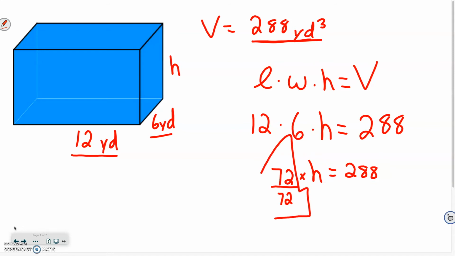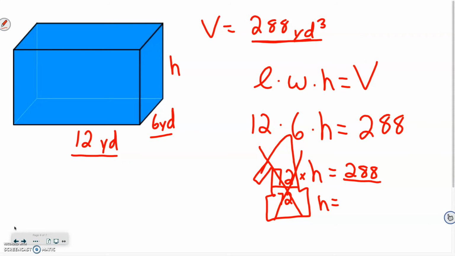Now think about what 72 over 72 equals. That equals 1, right? And 1 times any number is that number. 1 times h will be h. So what I basically did is I canceled this out. Now I just have h equals. But if we do that to the left side of the equal sign, we have to do it to the right side of the equal sign.